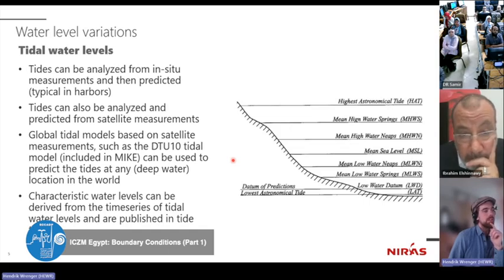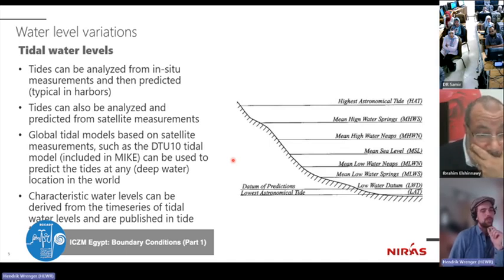Along the coast of Egypt, it's actually not such a large contribution, and the variation from the offshore boundary to what you see near the coast is also very minimal. The correct propagation of the tidal wave becomes more relevant when you're looking at estuary systems.